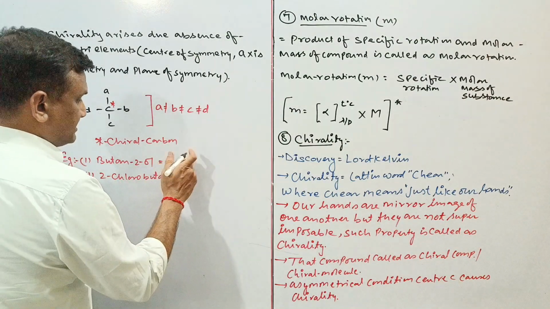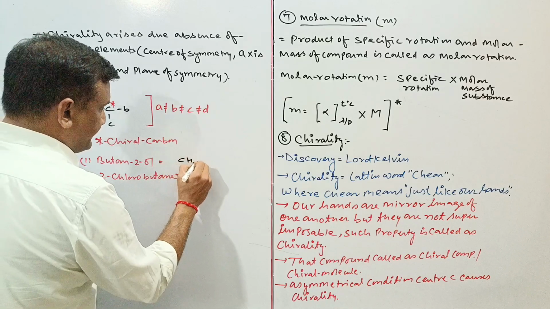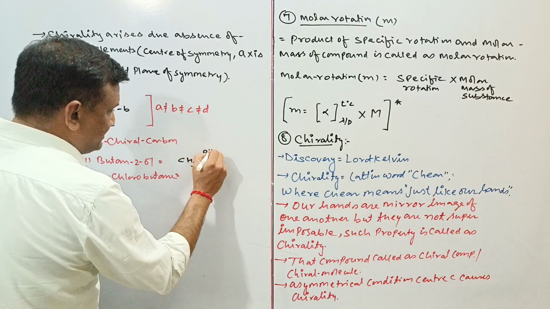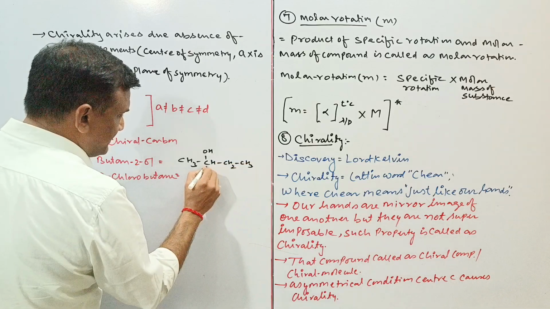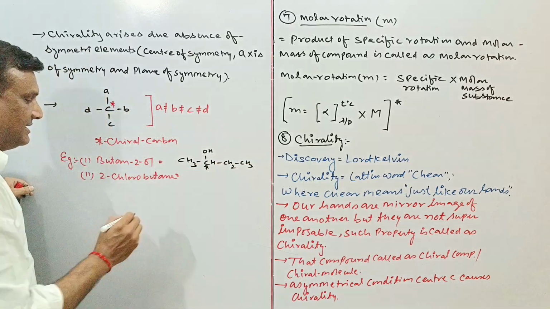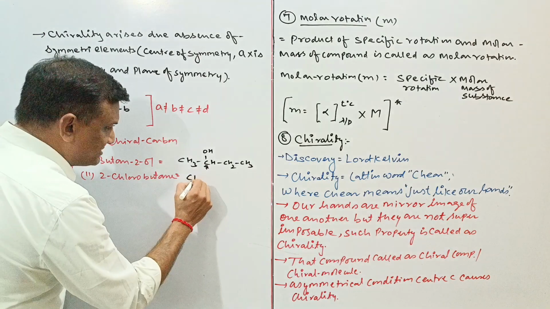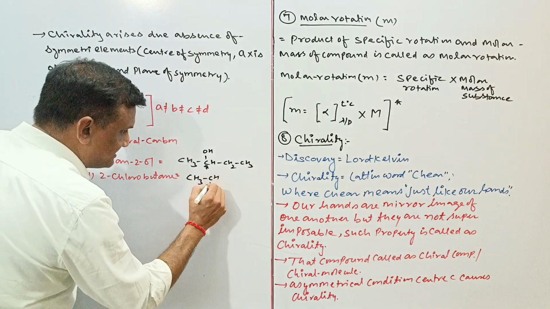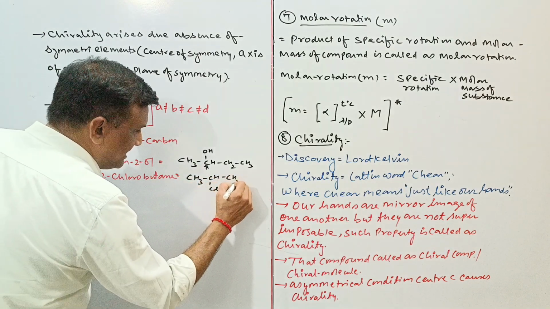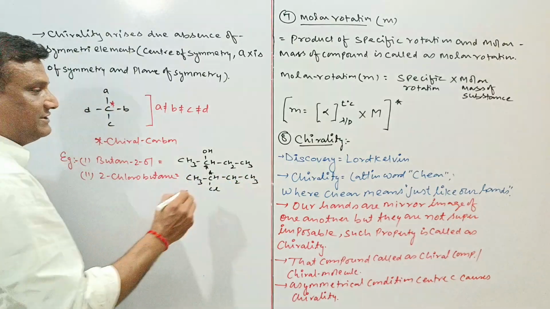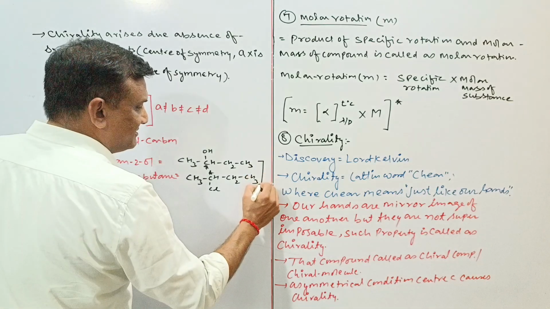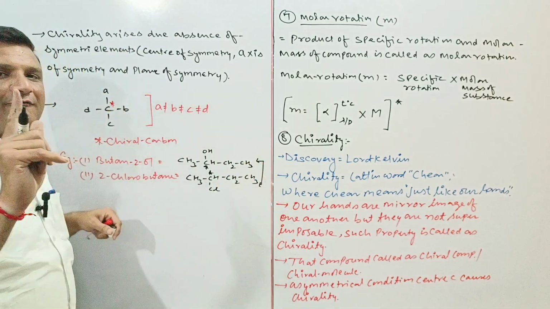This is the CH3, CHOH, this is the CH2 and CH3. This is the chiral carbon, and 2-chlorobutane CH3, this is the CHCl, this is the CH2 and CH3, this is the chiral carbon. Now we will say these are the molecule having one chiral atom.